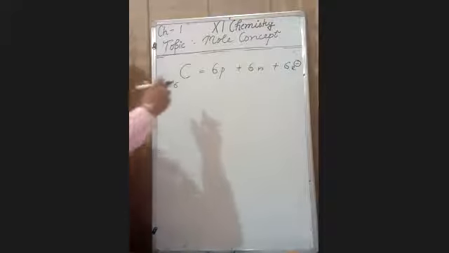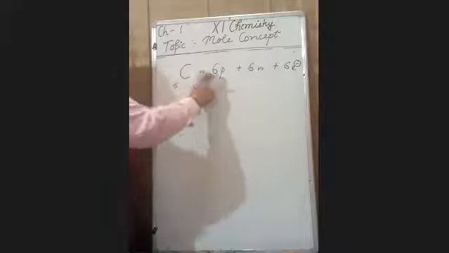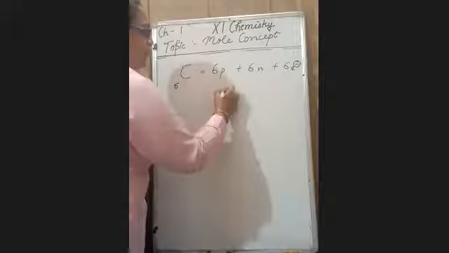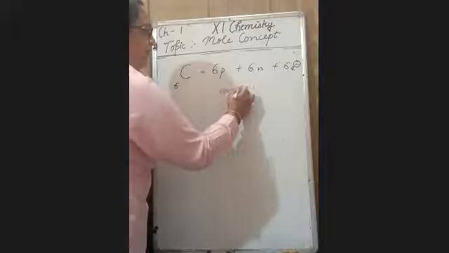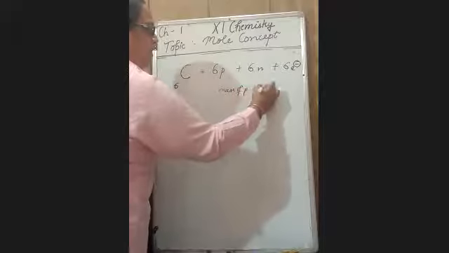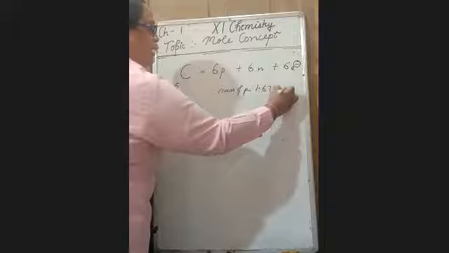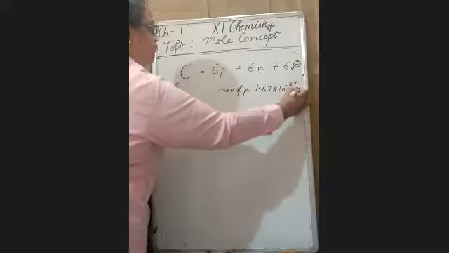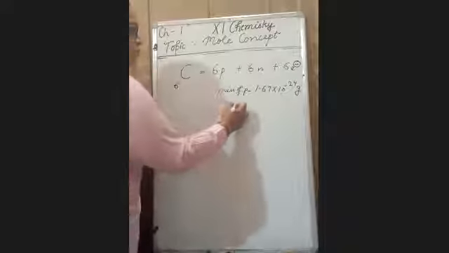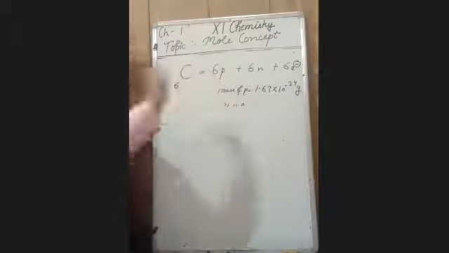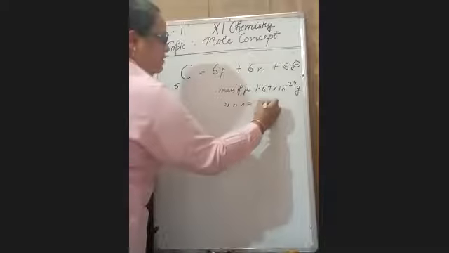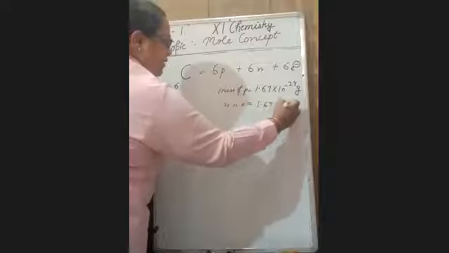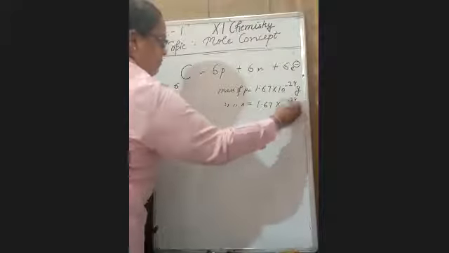What will you do? Multiply 6 by the mass of proton. The mass of proton is equal to 1.67 into 10 raised to power minus 24 gram. And the mass of neutron is a little bit higher than this, but we generally take it as 1.67 into 10 raised to power minus 24 gram.